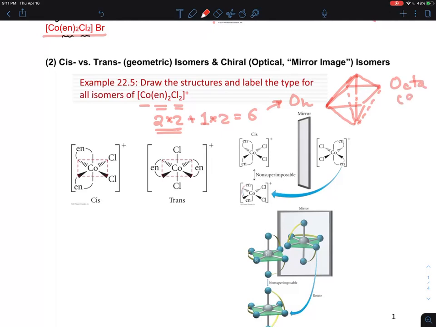Octahedral means 8, hedral means faces. Okay? So that's why it's called octahedral. So the octahedral can have an axial and a bottom position.